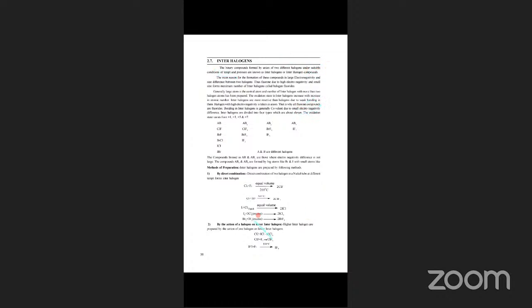That's why the main reason for the formation of these compounds is large electronegativity and size difference between two halogens. Thus fluorine, with high electronegativity and small size, forms the maximum number of interhalogens.